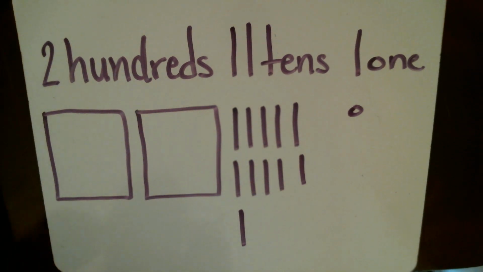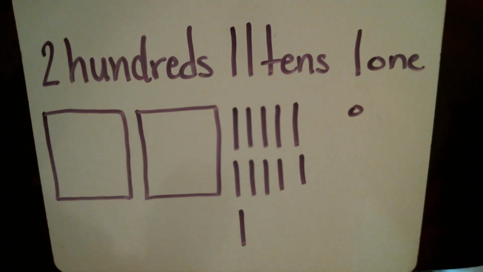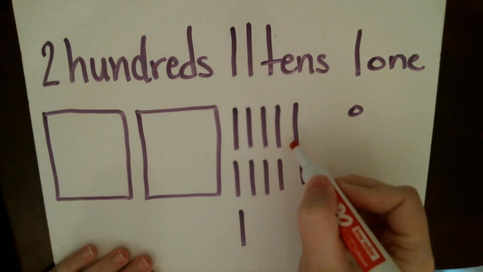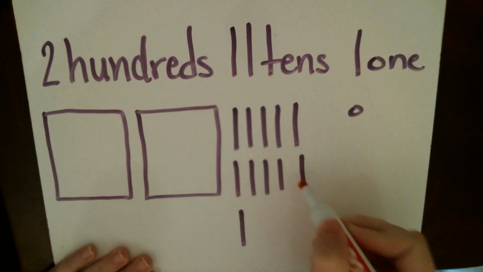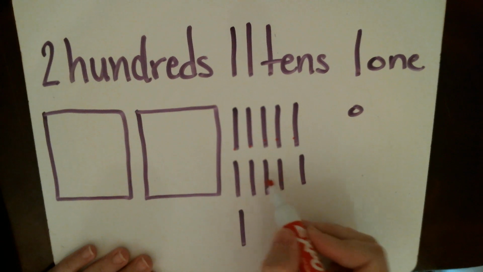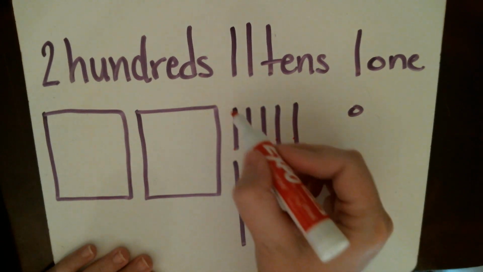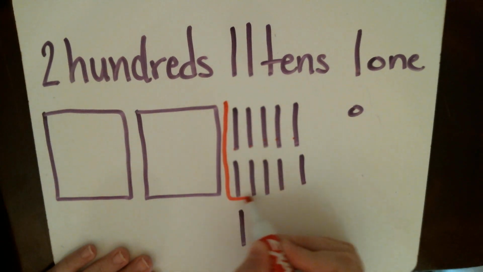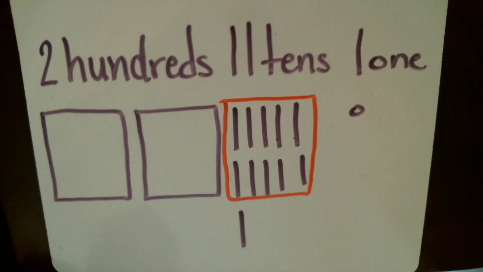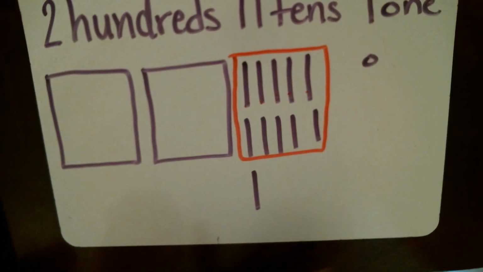Remember, when I have 10 tens, I can turn them into 100. Let me show that. I have 1, 2, 3, 4, 5, 6, 7, 8, 9, 10. Remember, because that's 10, 20, 30, 40, 50, 60, 70, 80, 90, 100 cubes to make that. All right, and so what do I have now? How many hundreds do I have now?